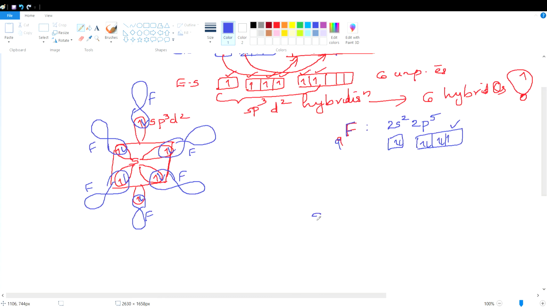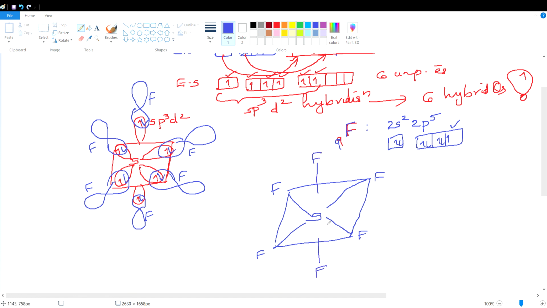Sulfur is at the center of the octahedron, at the center of the square plane. Out of 6 sulfur-fluorine bonds, 4 are along the corners of the square plane, and the remaining 2, one above and one below the square plane, are perpendicular to the square plane. On joining the corners we get an octahedron.